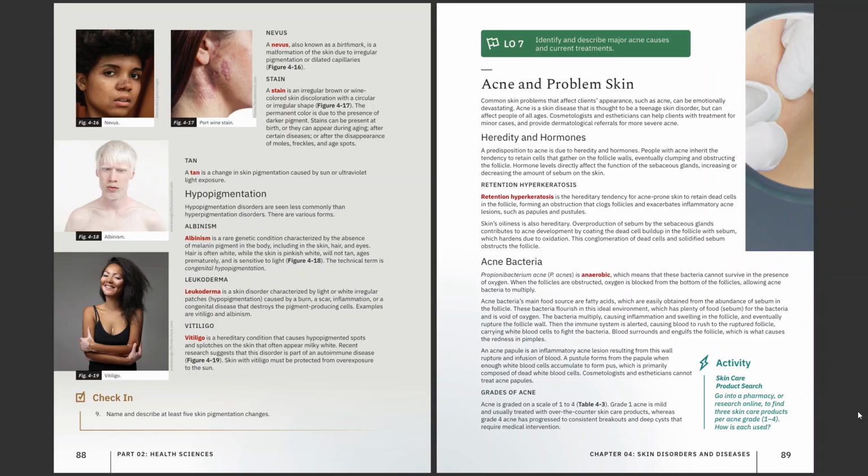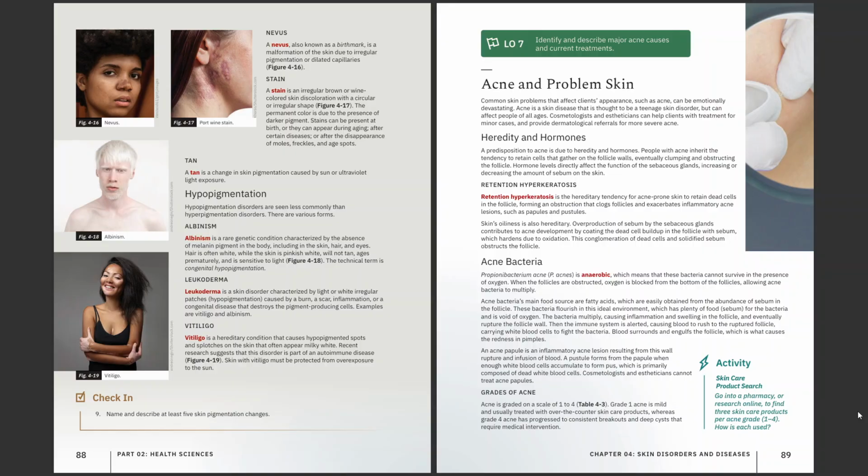Acne bacteria. P. acnes is anaerobic, which means that these bacteria cannot survive in the presence of oxygen. When the follicles are obstructed, oxygen is blocked from the bottom of the follicle, allowing acne bacteria to multiply.